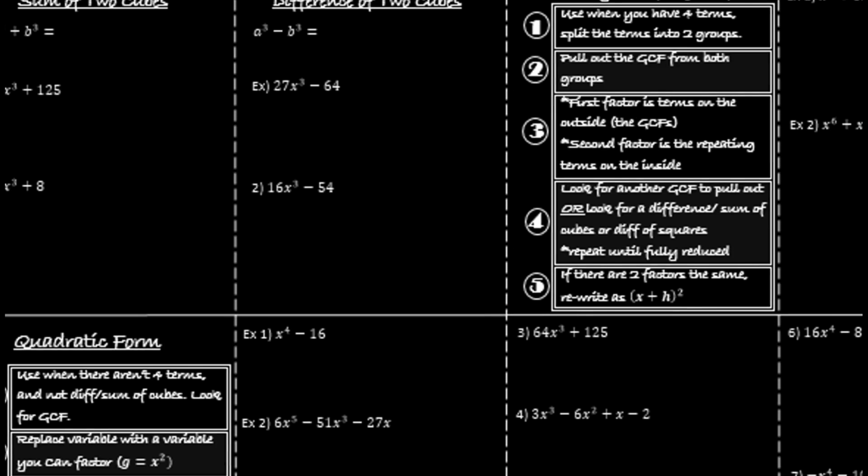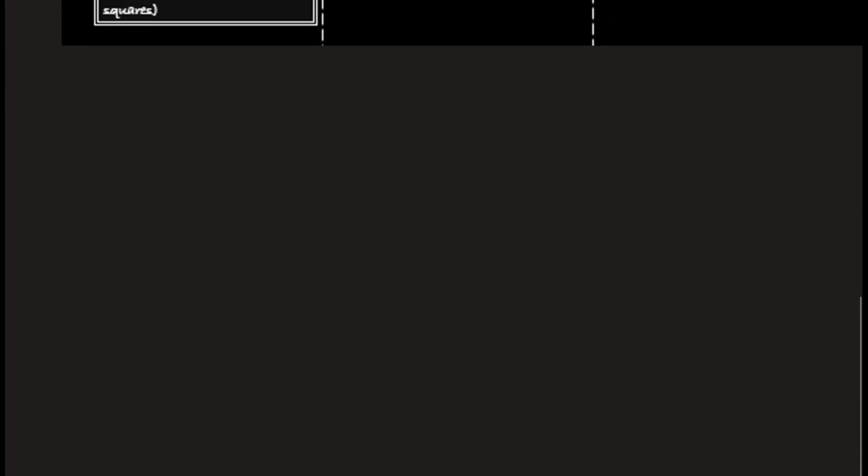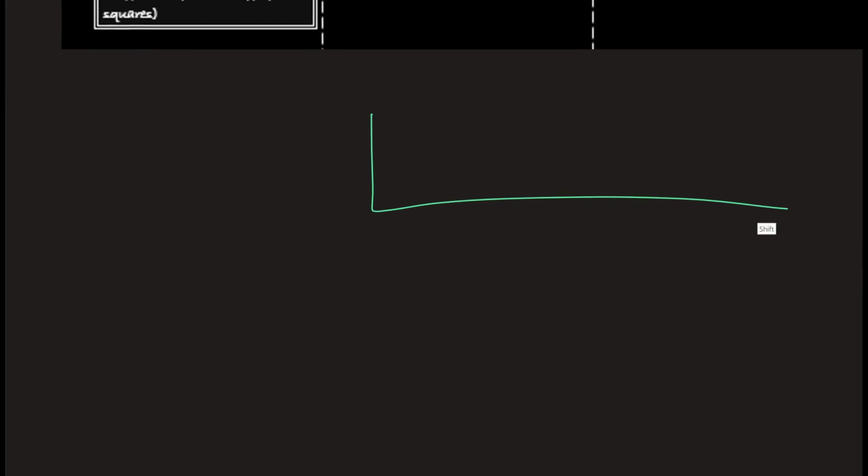I didn't copy the front in here, but this very first tab, what does the front of it say? I think it says sum and difference of 2 cubes.